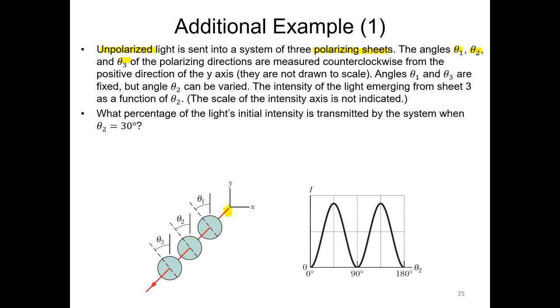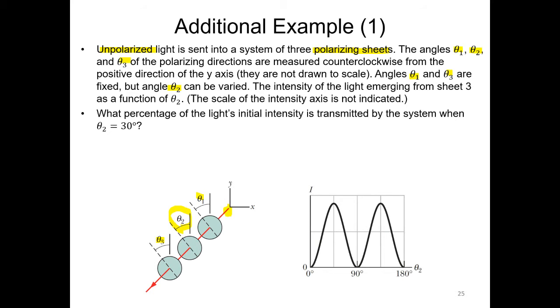And they are not drawn to scale. Angles theta 1 and theta 3 are fixed, but angle theta 2 can be varied. So these two are already fixed, and this one can be varied.